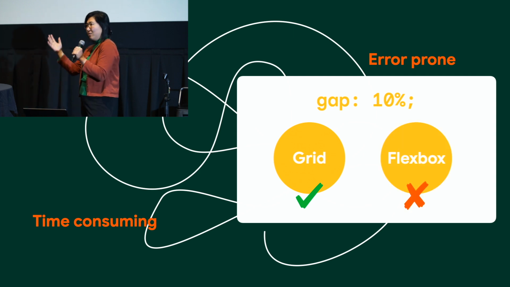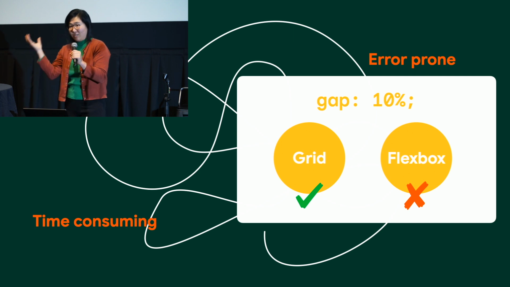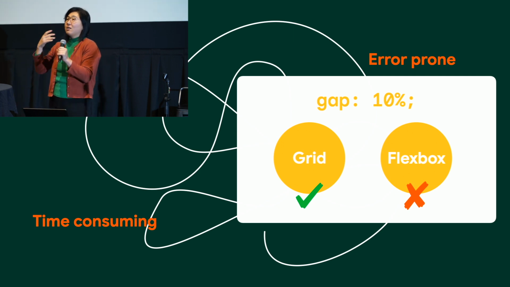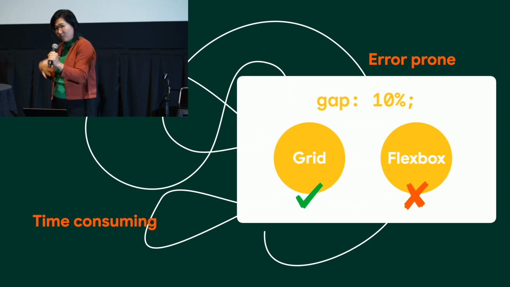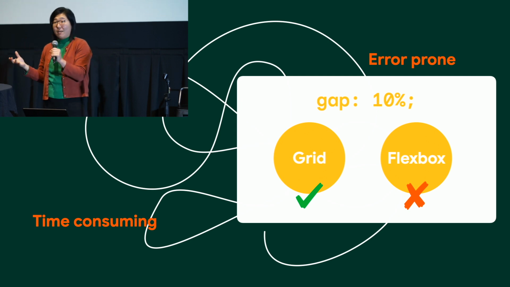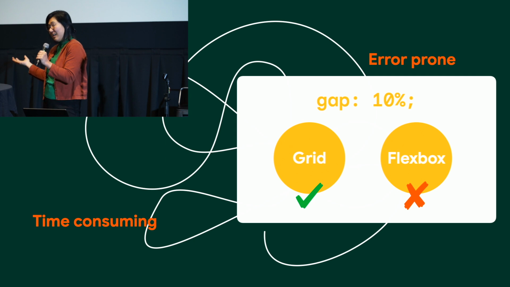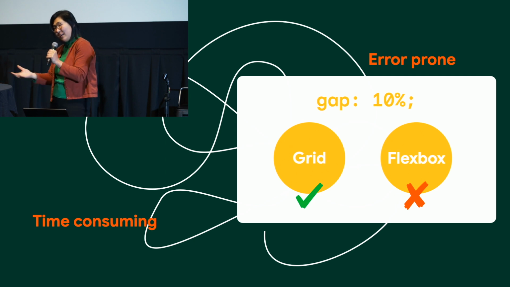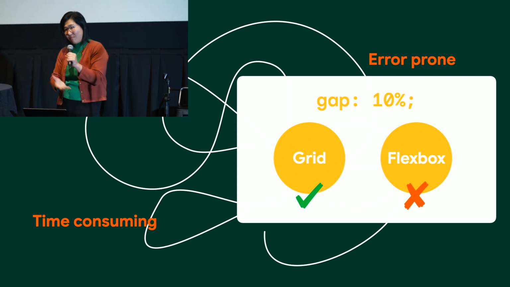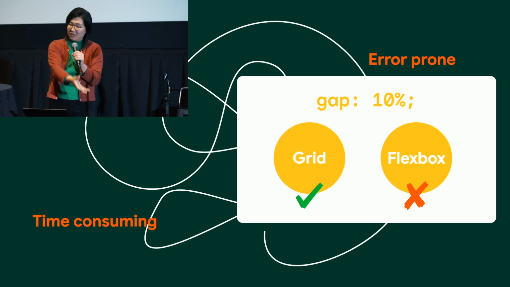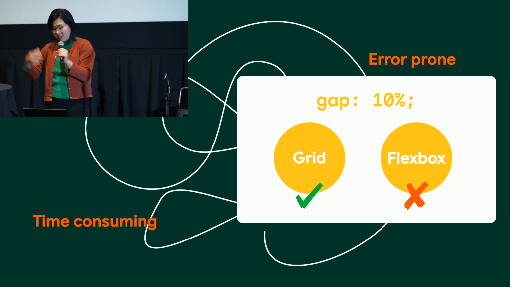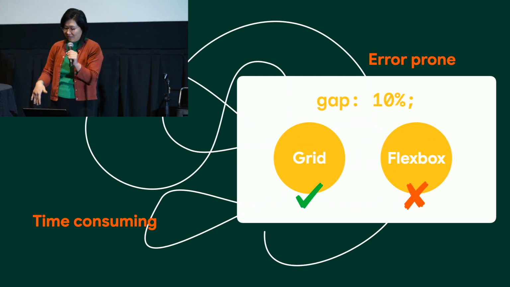If you learn grid and see there's a gap, you might assume that the gap property is supported in CSS, and I'll use it elsewhere too. And then you might get a bug on your app and ask, why is it not working? Gap is supported, but it doesn't work on one thing, while it works on the other thing. And it's just sort of like a trip.